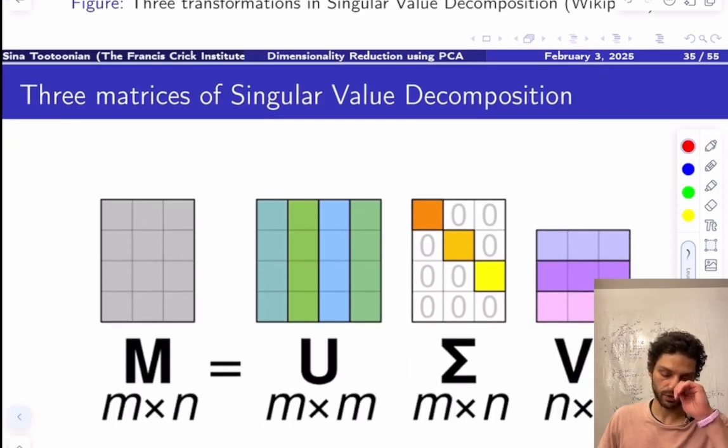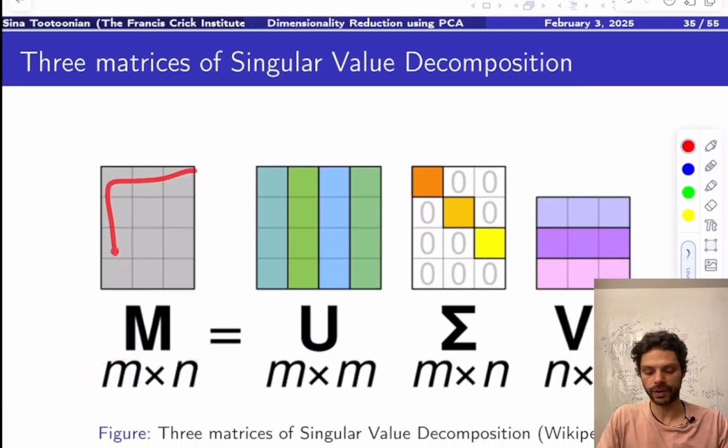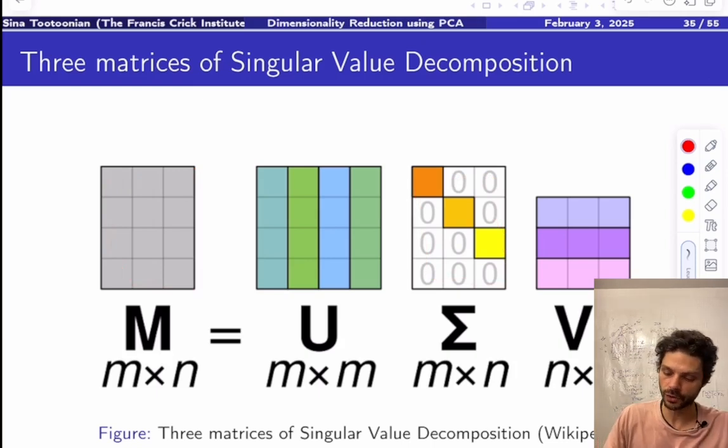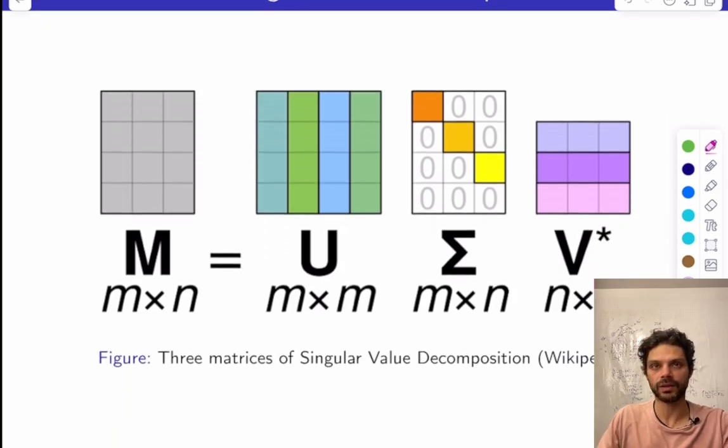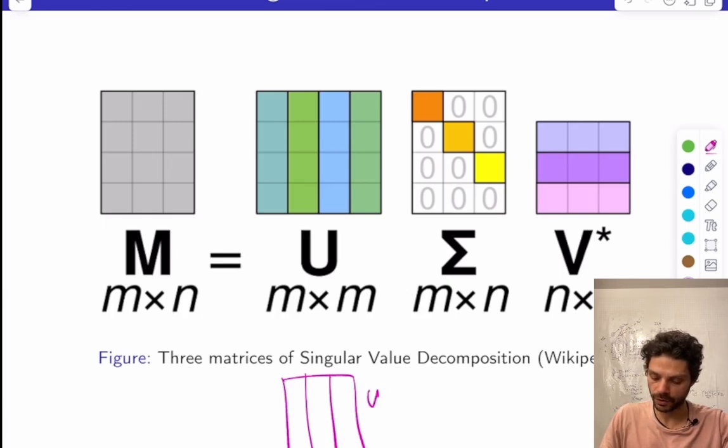One thing I want to flag is that because we can apply this to any matrix, like here's a rectangular one, some of these objects are going to have funny shapes. I'm not a big fan of the way it's come up in this Wikipedia picture. In SciPy, for example, this will come up as a 3x4, so this will be your U. And then you don't have this bottom row, it'll just have a diagonal matrix, that'll be your sigma.